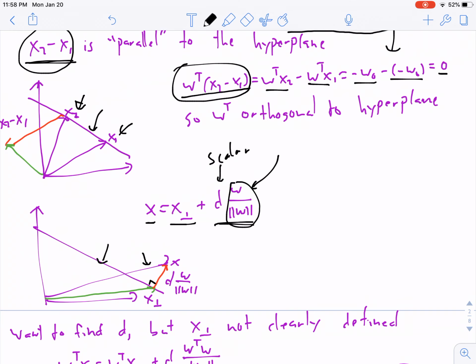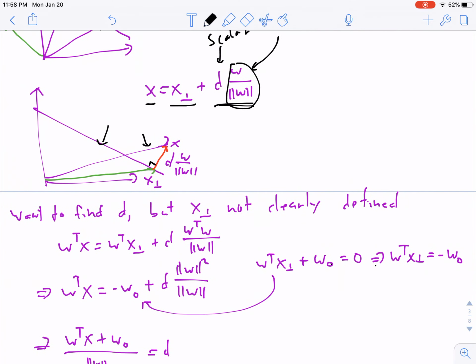That way we can have a scalar d, and the scalar d gives us the distance between the hyperplane and the vector. So now we want to solve for d, but we don't exactly have a clean equation for x projection, so we're going to pre-multiply by w transpose here, and then w transpose w is just the norm of w squared, and x projection by definition is in the hyperplane, so it satisfies the equation, which in other words means w transpose x projection equals negative w naught.